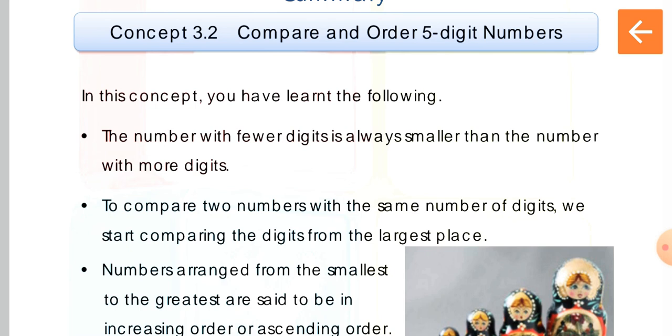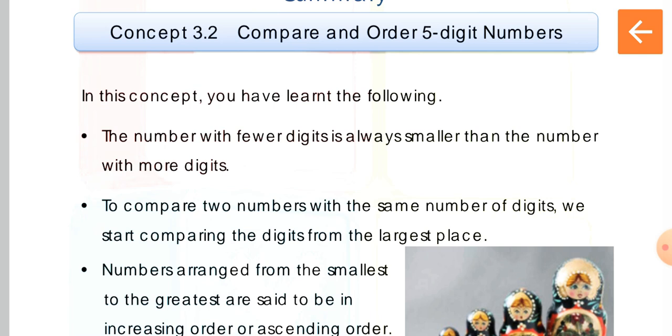That means if I am taking the number 26 and the number 326, here we can understand 26 is a 2-digit number and 326 is a 3-digit number. So obviously which one will be the largest? 326 is larger than 26.